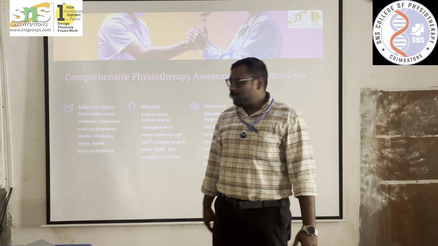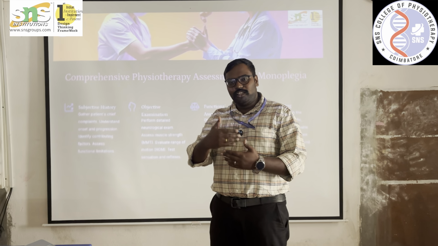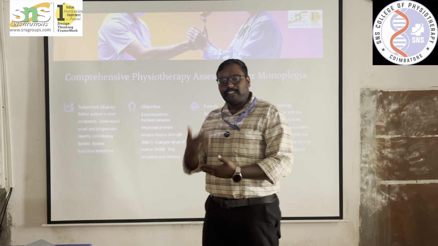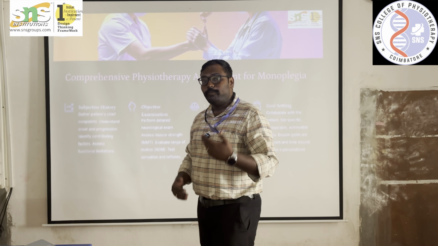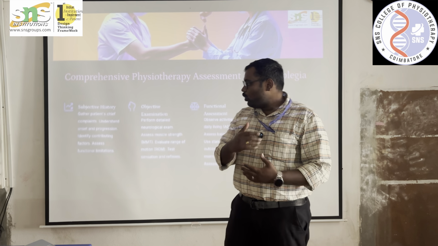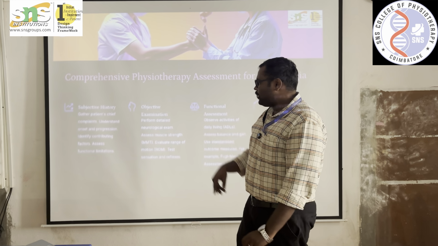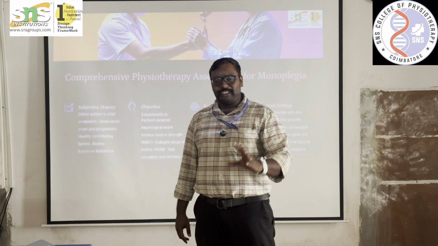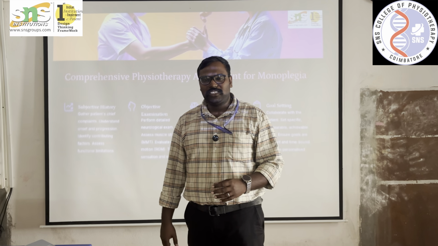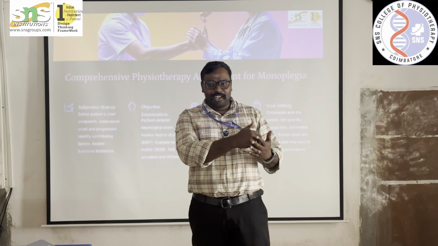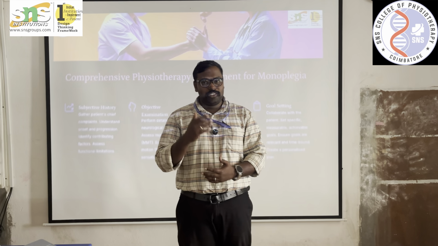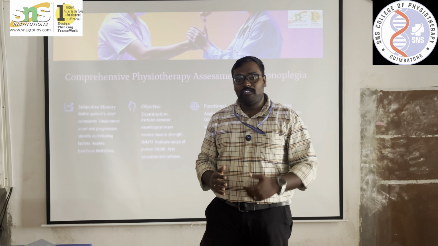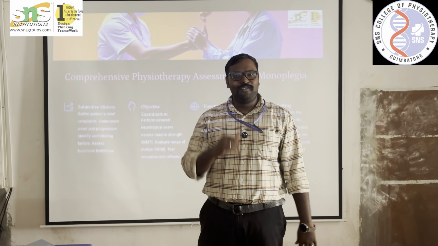So subjective history, based on all the details, that is the age, sex, their past history, their present history, and what about their past medical history, their family history, all these things will be coming in. Objective assessment. So especially for the neurological patients, we are having a special assessment chart for the monoplegia. Okay, so this monoplegia assessment chart we have learned already in the previous class.